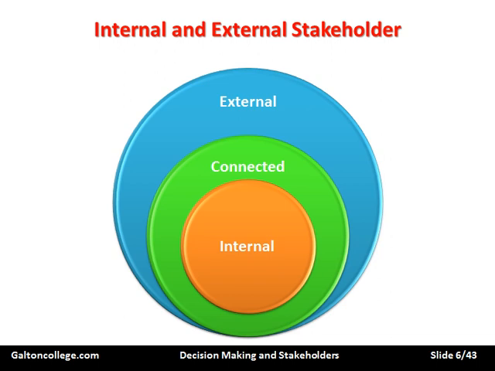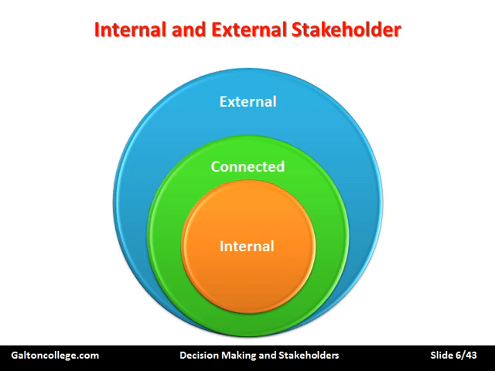We see here for a start that the internal are within the company. The connected are related to the company, and then we have a wider set of stakeholders who are perhaps not connected directly to the company, but who would be affected by the company.